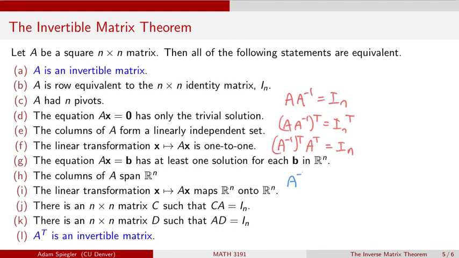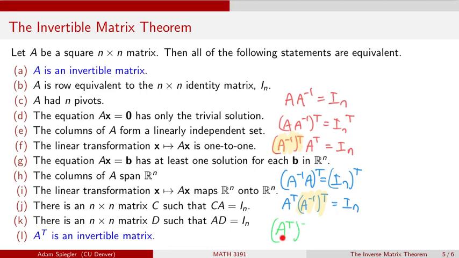So let's take a look at the other direction. So we can start now with the product A inverse times A equals the identity. We take the transpose of that equation, so we get A transpose times A inverse transpose equals the identity matrix. And now we can see that when we multiply on the right by A inverse transpose, we also get the identity.